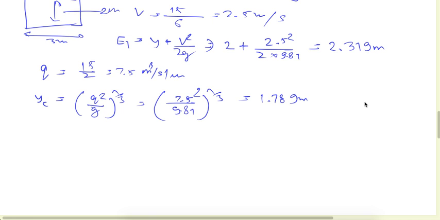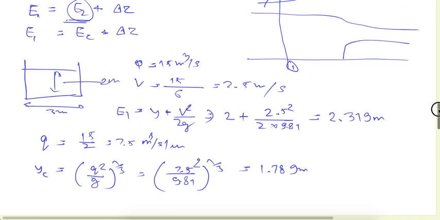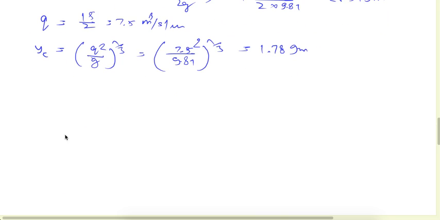And from here EC we won't need. So the equation which we were following is E1 is equal to EC plus delta Z, because by this hump and the width contraction, this energy is coming at critical specific energy.